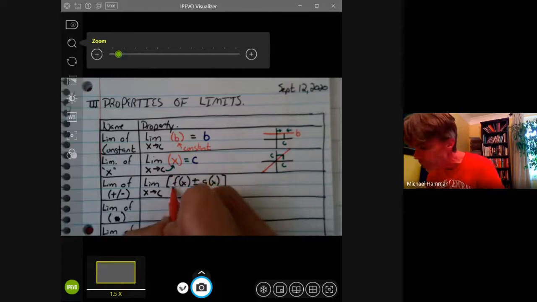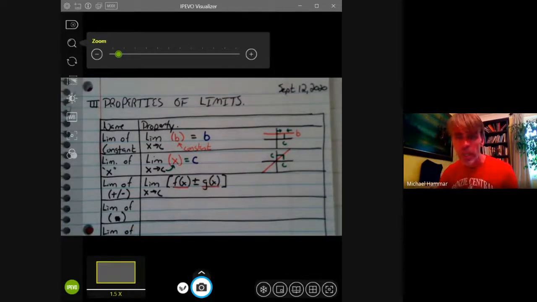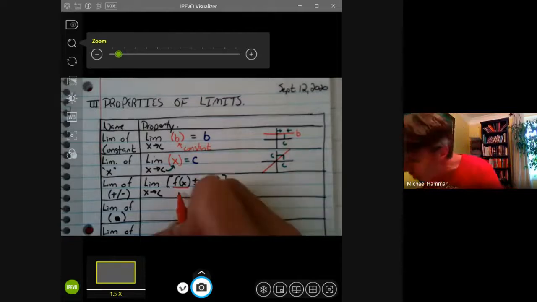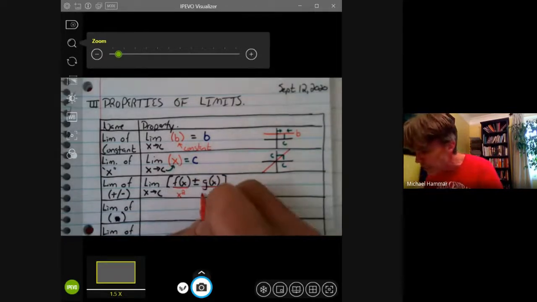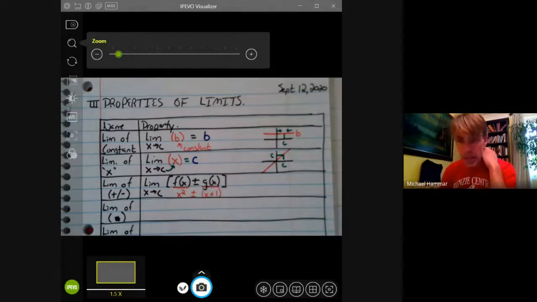For example, one of them could be x squared, and one of them could be x plus 1, and these are being added and subtracted together. What if we had that type of function? What do you do?